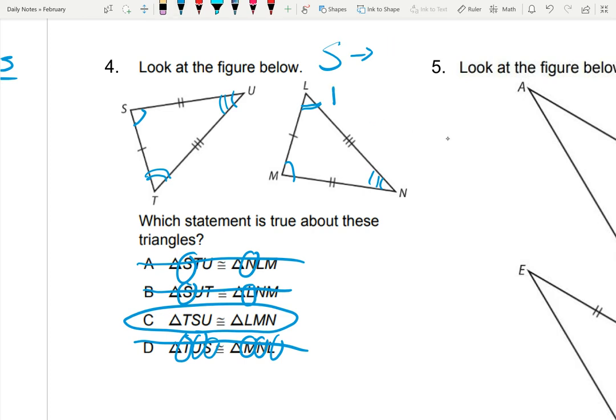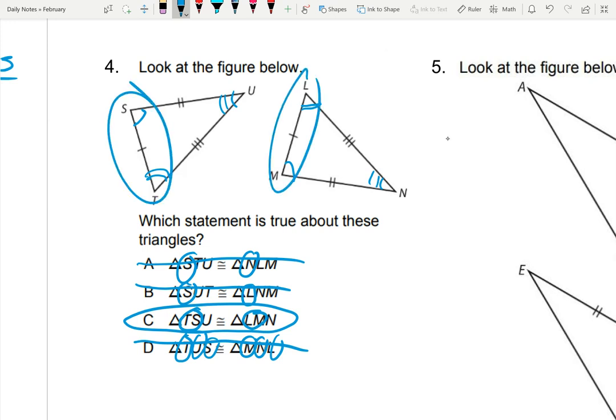I think that helps. Also, what you can read from this is that side TS would correspond with side LM, because again, they're the first two and the first two for each of these labels. Okay, and that's true. TS is the side with one hash mark, and LM is the side with one hash mark.